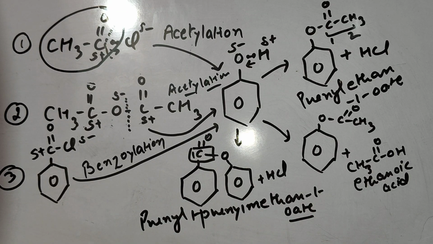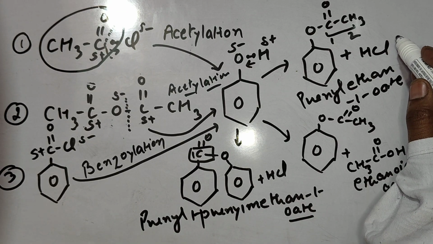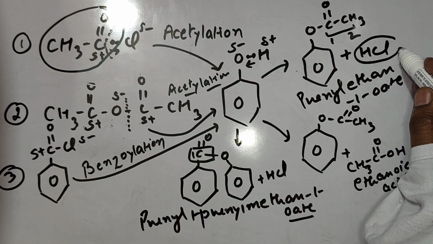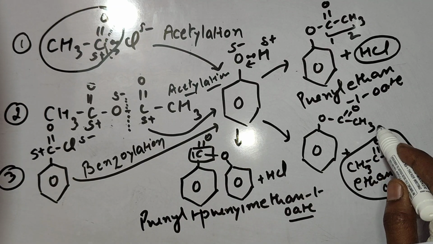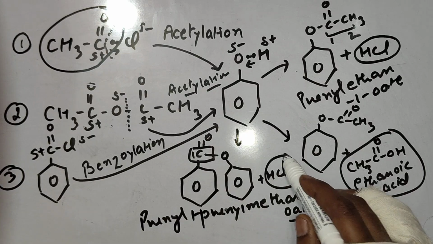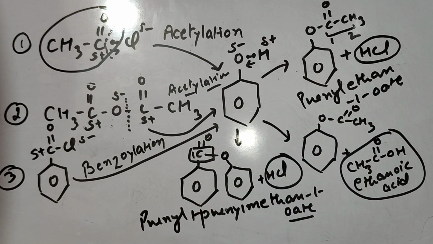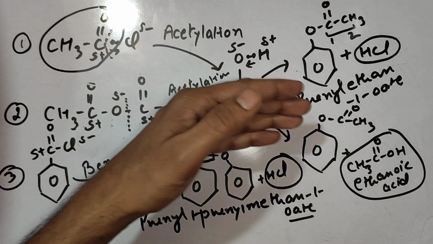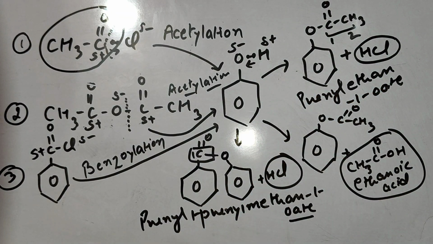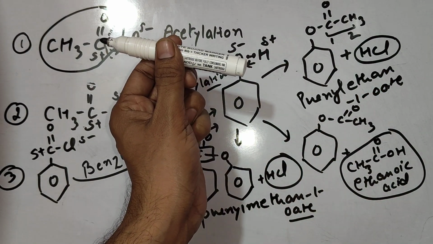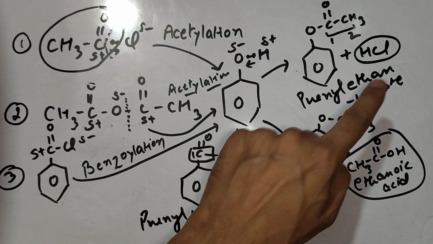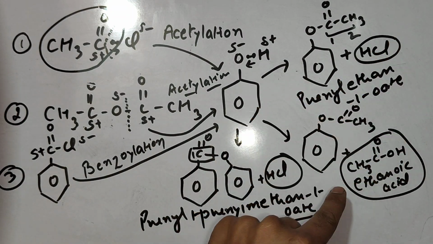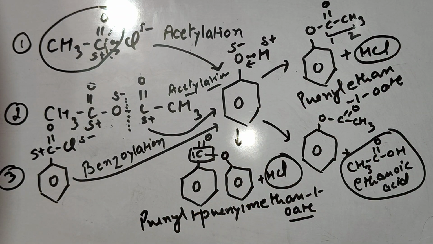Now next point, you can check what the side products are. HCl, ethanoic acid, HCl, they all are acids. If they keep on generating here, the reaction will try to move in a backward direction because a stage of equilibrium will arise quickly. So it is important to finish these acids which are generated as a side product.